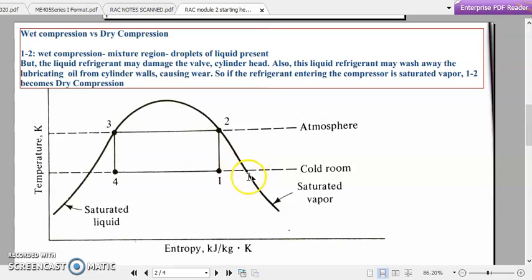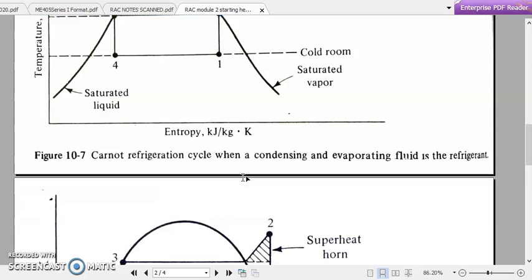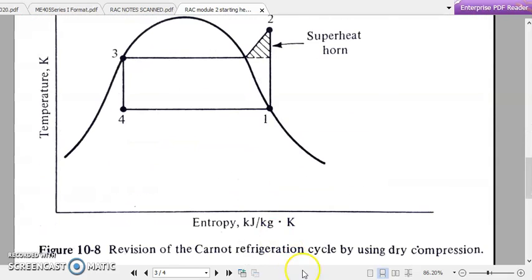Almost all the refrigerant, or the working fluid, entering the compressor will be in a vapor state. So there is no presence of liquid refrigerant, and the associated damages caused by the liquid refrigerant can be avoided. So such a case is assumed here, that is, by using dry compression.